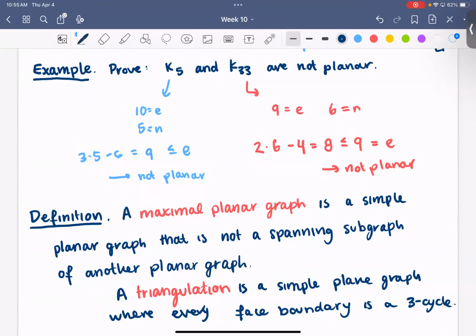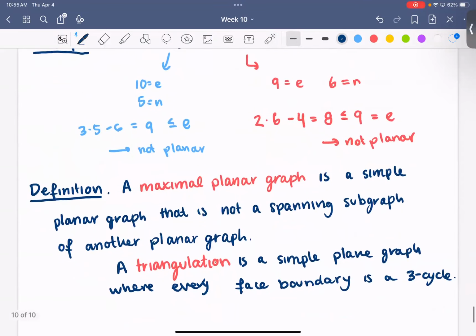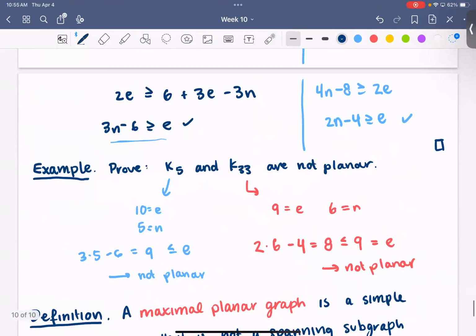If you had some face that wasn't a triangle, you can add an edge to that and it would still be a planar graph. So we're gonna make that more precise. We're gonna relate these two definitions, but also what happens when this is equality here.